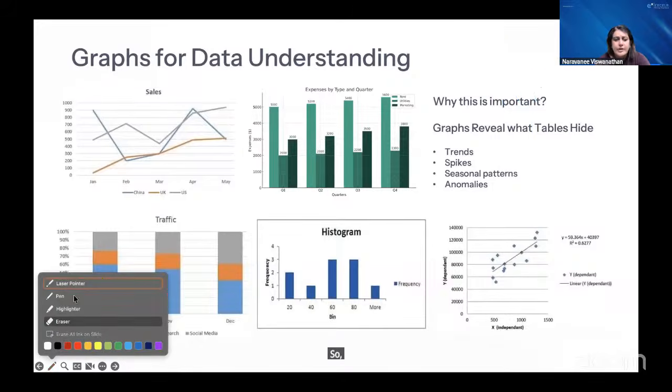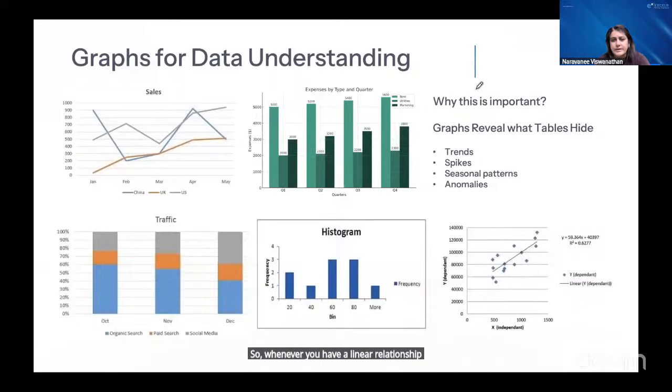So whenever you have a linear relationship, you will have data like this. It will lie like a line. Almost all the data is nearby this line. Only if you have something like this can I try to fit a linear line as a regression.